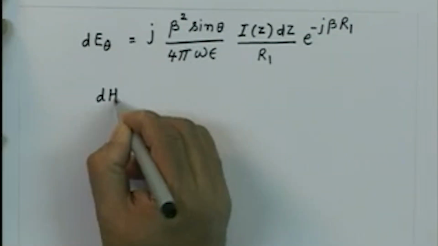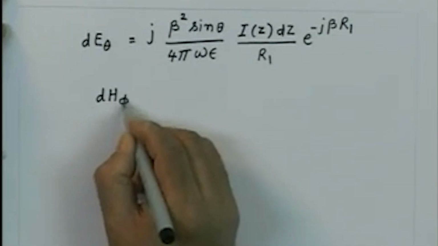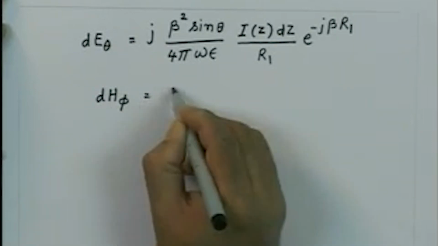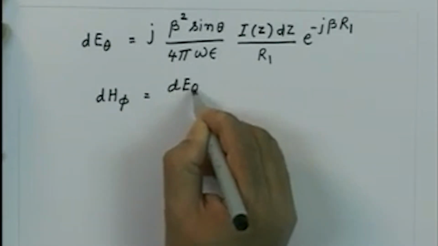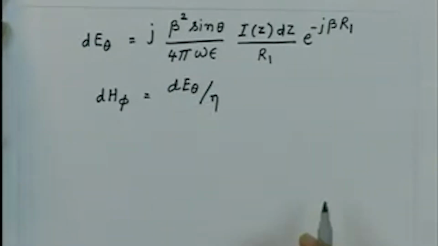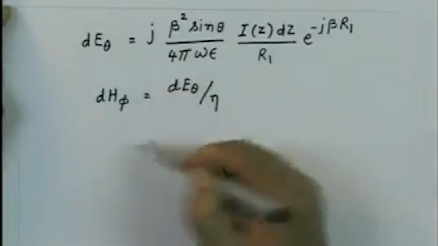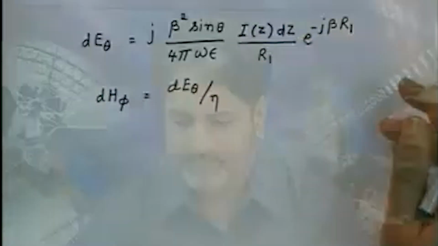So, the magnetic field dH phi will be nothing but dE theta divided by the intrinsic impedance of the medium. So, we do not explicitly calculate the magnetic field for the dipole, we simply calculate only the electric field, and as we know this relation, as and when the magnetic field has to be calculated, we can divide the electric field by the intrinsic impedance of the medium and we can get the magnetic field.